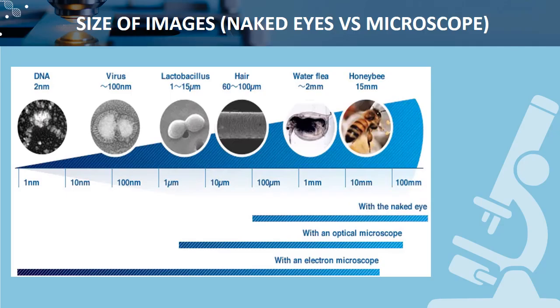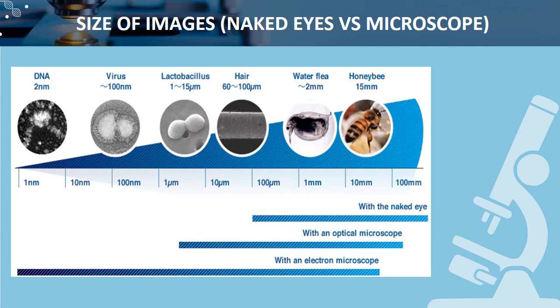Okay, so let's see the size measurements of the images that we can see with our naked eyes versus the microscope. Our naked eyes can only see specimens up to 100 micrometers. We can observe a hair, whose size ranges from 60 to 100 micrometers.